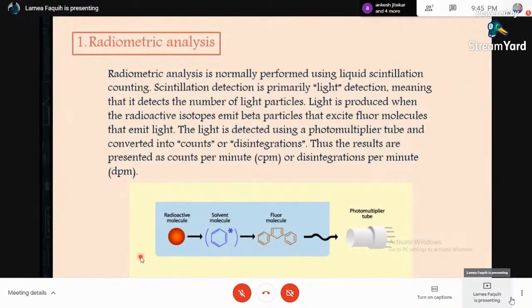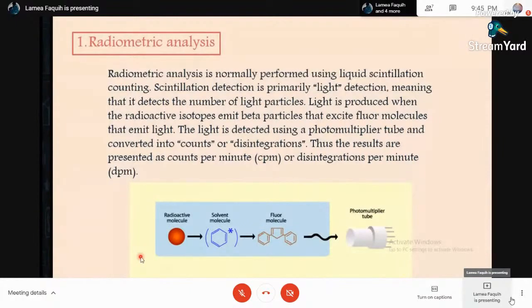This emitted light is detected using a photomultiplier tube, which multiplies and intensifies it, and it is then converted into counts or disintegrations. We can express them in CPM, counts per minute, or DPM, disintegrations per minute.